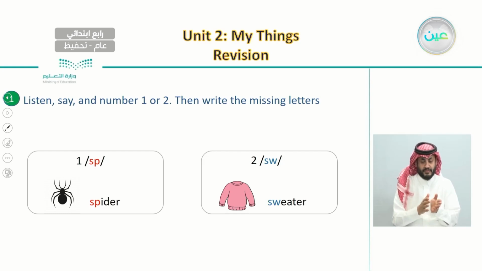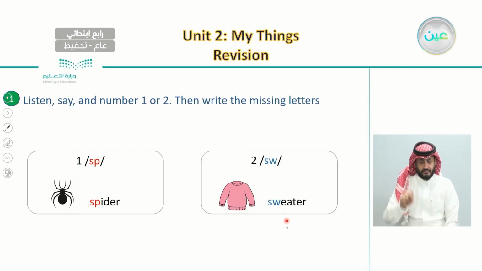Now let's move on to the second word, which starts with S and W. Let's listen to the word, and after you listen, I would like you to say it after me. I would like to point at the word and say after me. Sweater. Sweater.